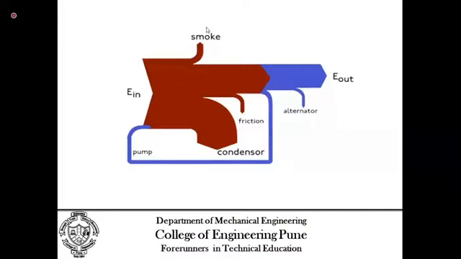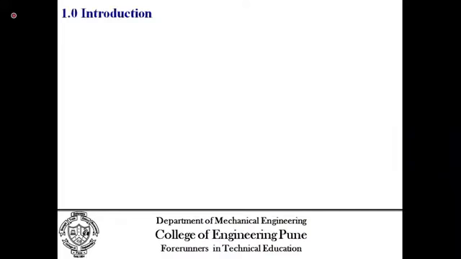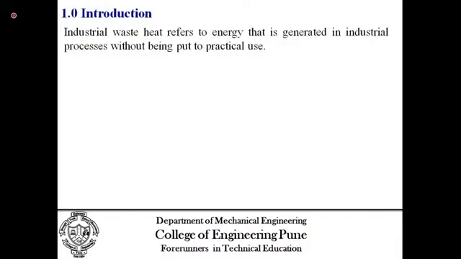Sankey diagram of the thermal power plant. In short, all such heat which is not used in the process, which is not used by the industry, and is released to the atmosphere, which is not used but can be used for a practical purpose, entire such heat is called waste heat.